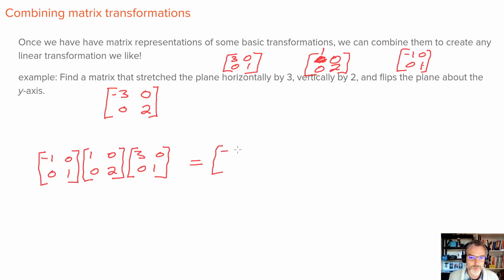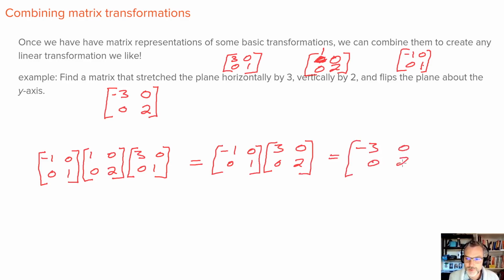So it's going to be -1, 0, 0, 1. And then this is going to be 3, 0, 0, 2. When I multiply these, I get -3, 0, 0, 2, which is what I expected. So you can pick the entries that correspond to the transformation that you want, or you could imagine sequentially applying those transformations and get this resulting transformation matrix.